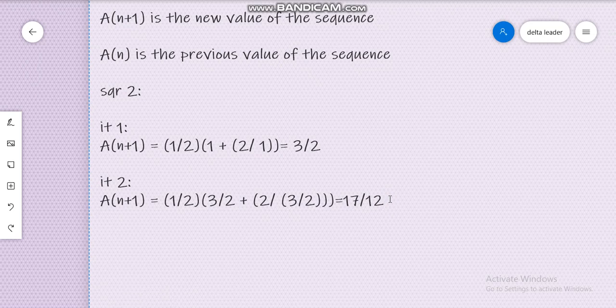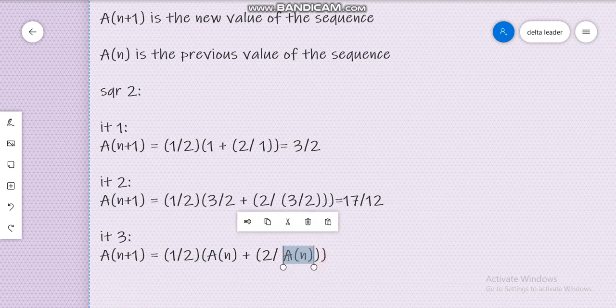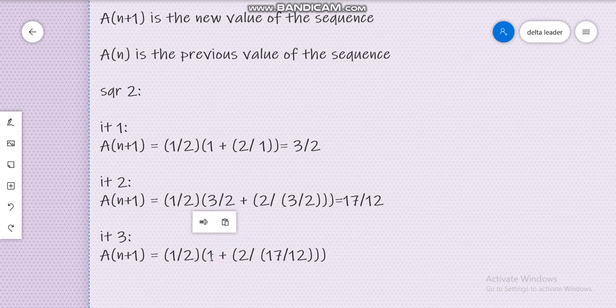So we can go for our third iteration. Instead of a_n, it now becomes 17/12. Because this is kind of weird, let me put brackets here: (17/12).